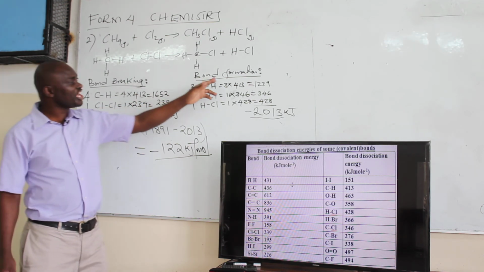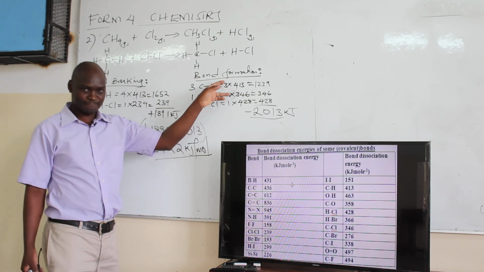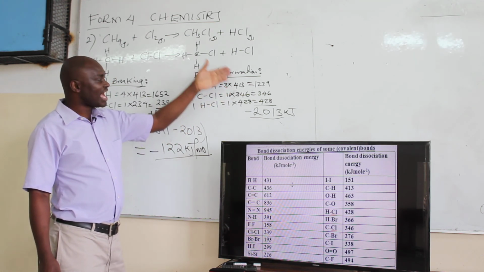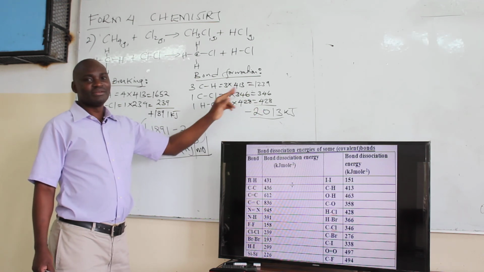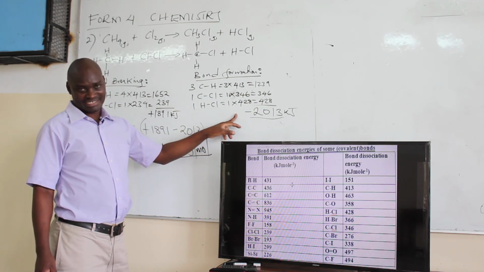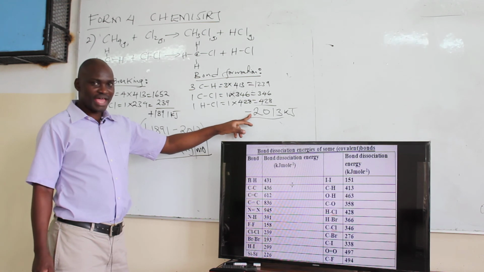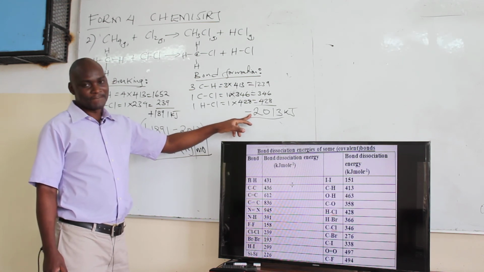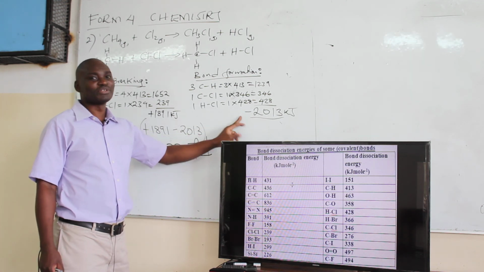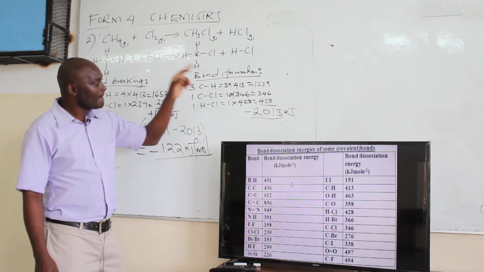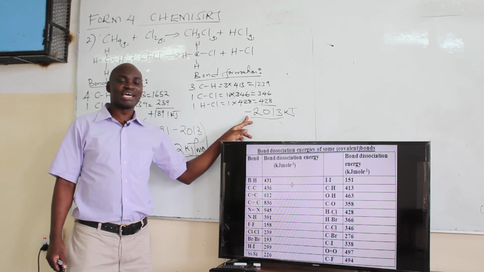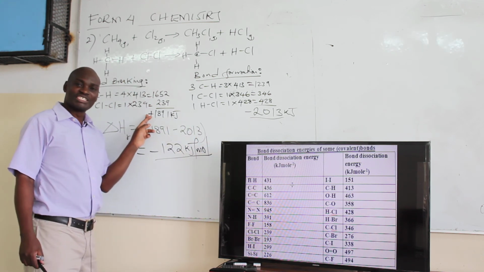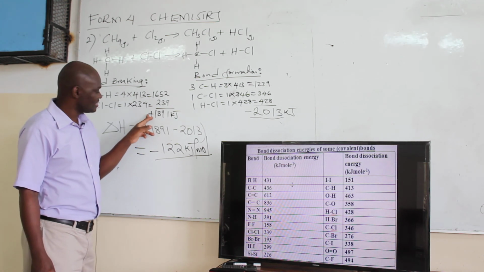Then you check the bonds formed. After adding the bonds formed, make sure that you indicate that bond formation is an exothermic process. So make it negative to show that heat is released. Make bond breaking positive to show that heat is absorbed.